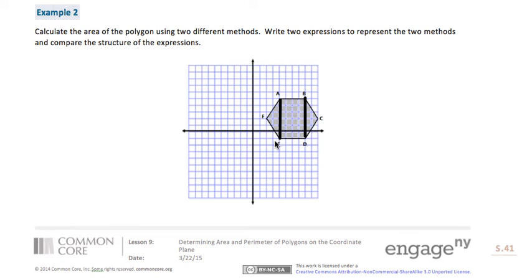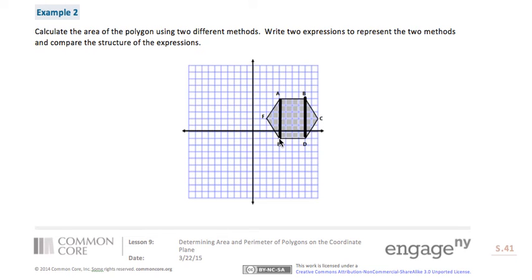That gives us measurements then of 1, 2, 3, 4, 5, 6. You have to count from corner to corner. So we're starting at A. We go down 1, 2, 3, 4, 5, 6.